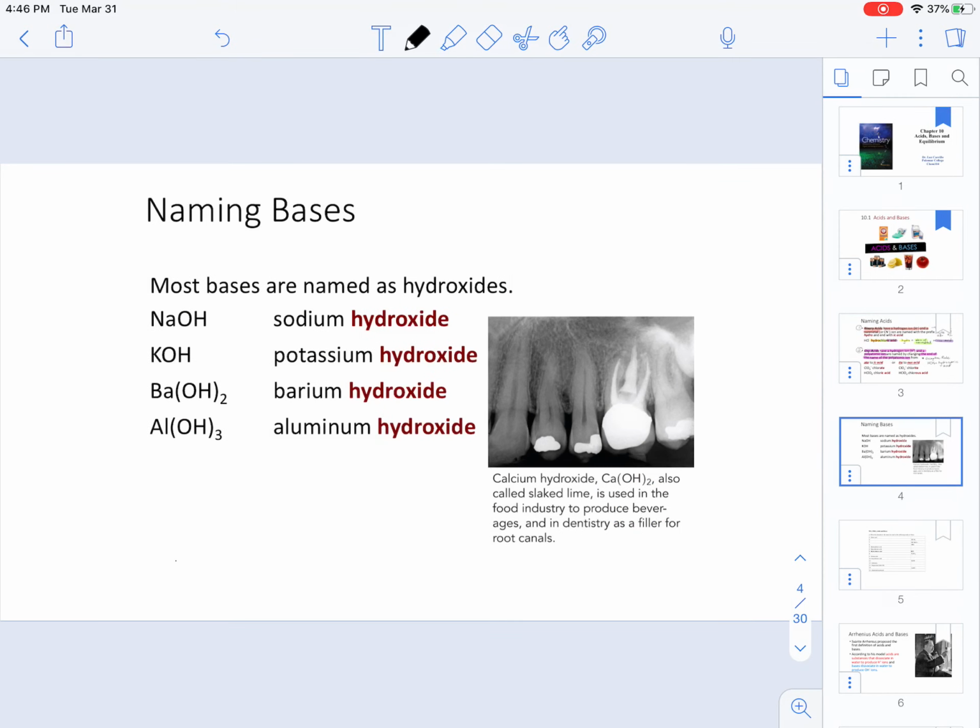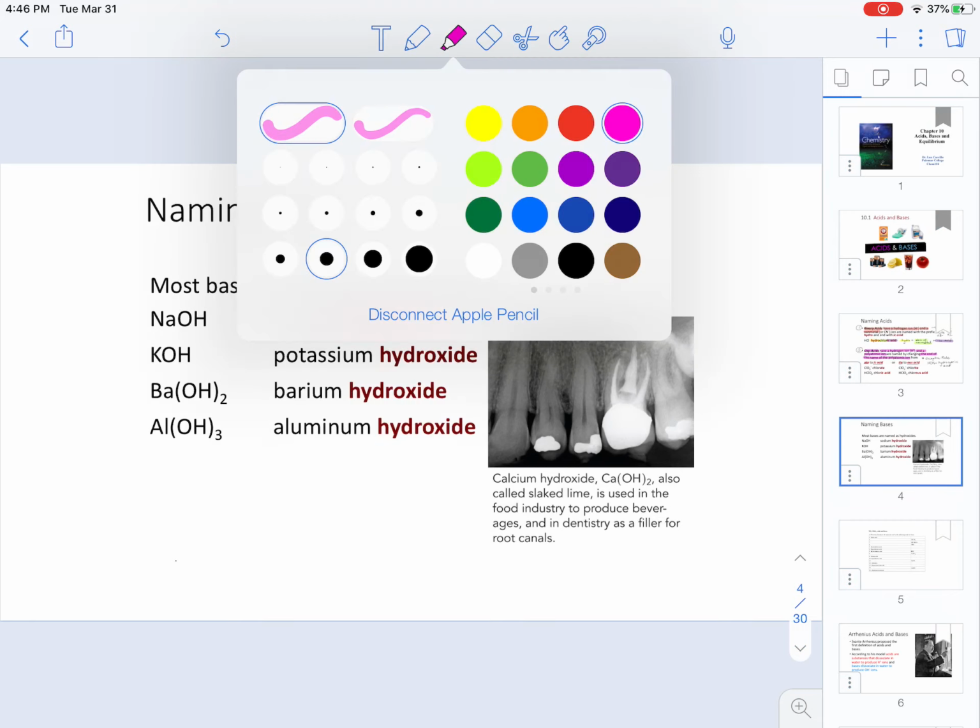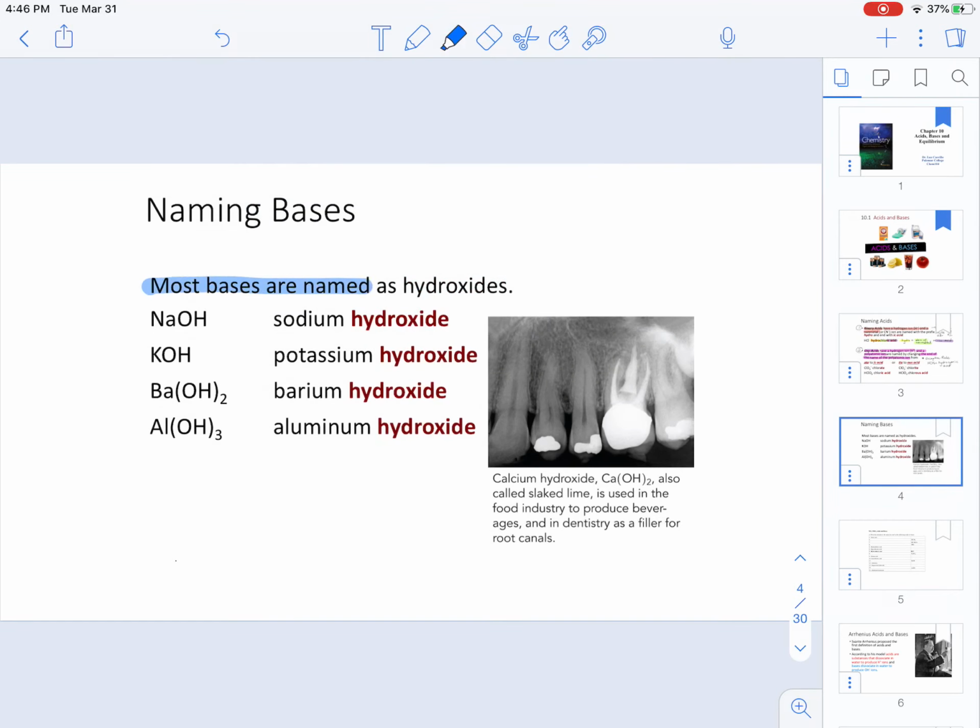When it comes to naming bases, most bases are going to be compounds that have hydroxides. As we learned in the beginning of the semester, compounds of hydroxides have a metal paired with hydroxide to make these bases. Now, remember, when it comes to the metal, we have two types: type 1 and type 2 metals.